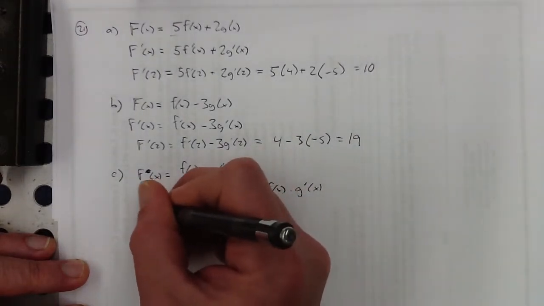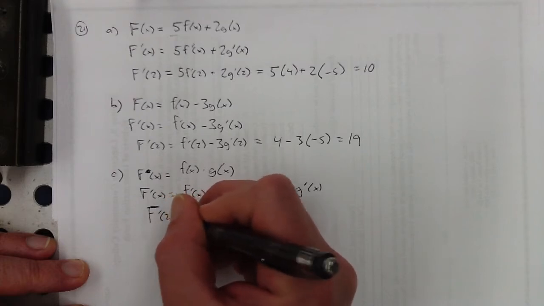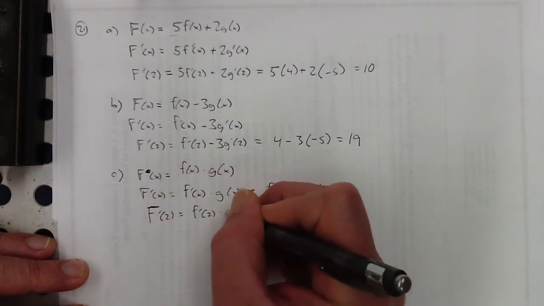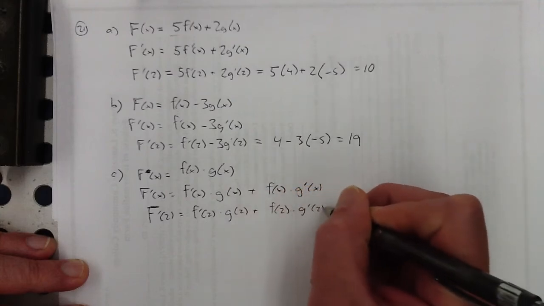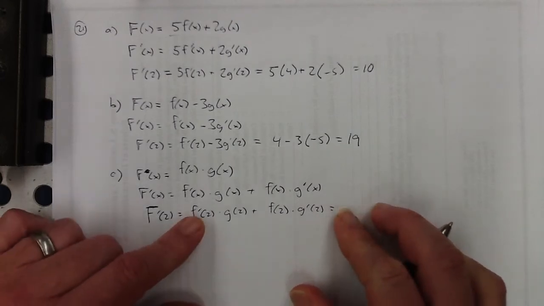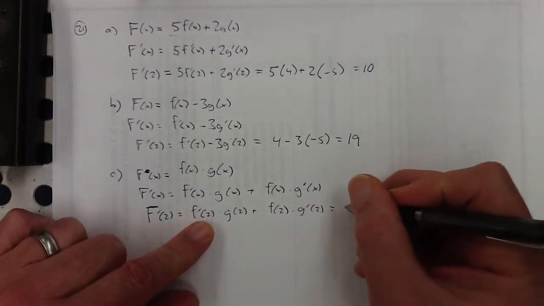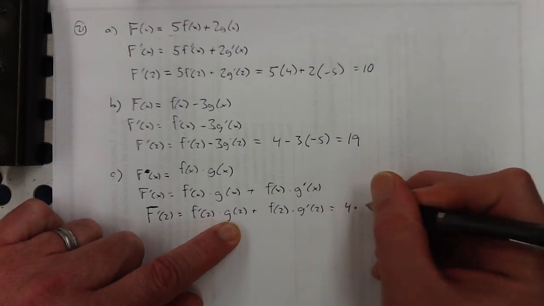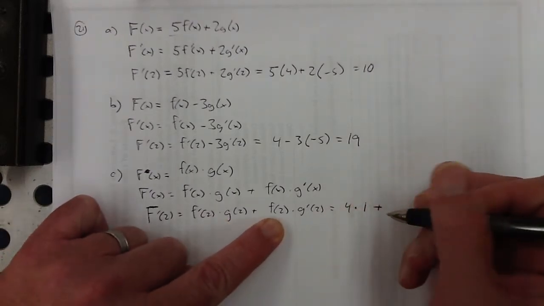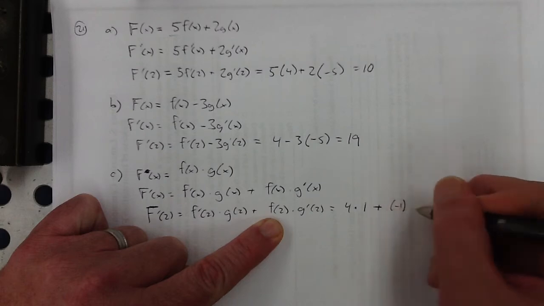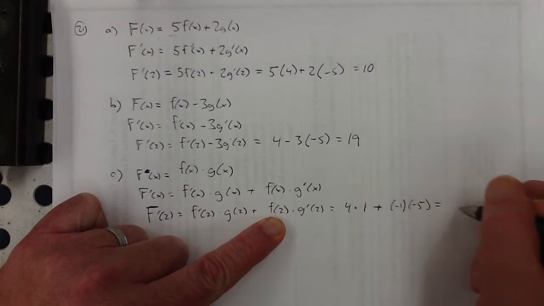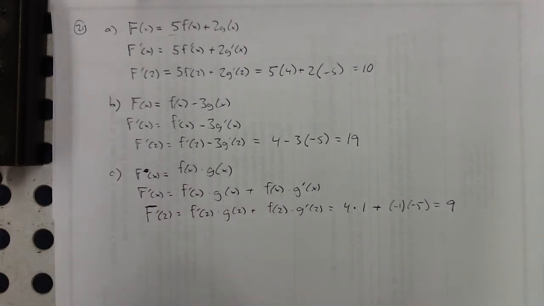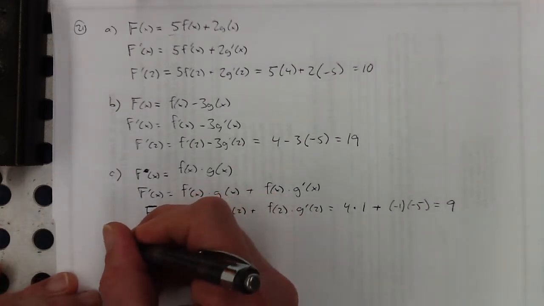And big F prime of 2, let's see what we got here. I'll try to keep everything straight. This is 4 times g of 2 is 1, plus f of 2 is negative 1, times g prime of 2 is negative 5. And that's 4 plus 5 is 9. Good.